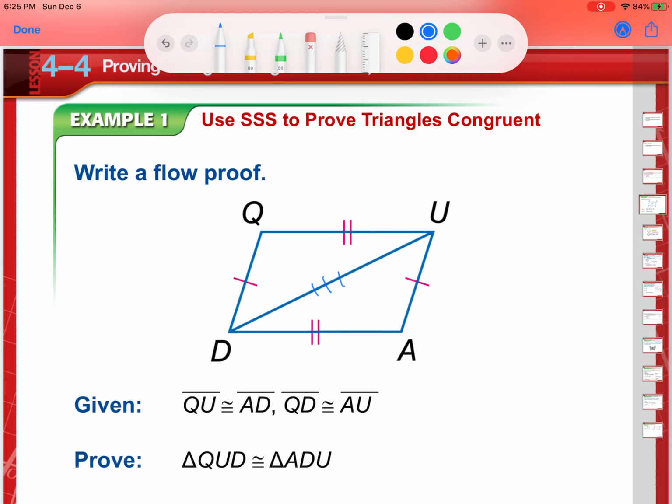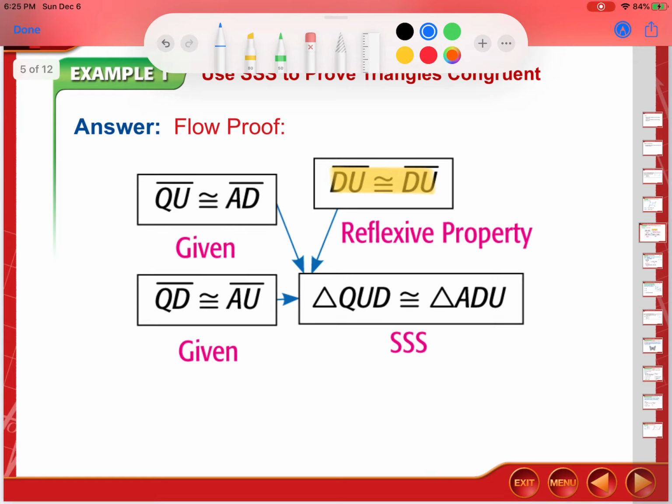So anytime we see something like this, it's always the reflexive property, because line DU is going to be congruent to line DU. They're the same thing. It's a wild concept, I know, that the exact same line would be congruent to itself. But that's essentially all we needed to do here, is to say DU is congruent to DU, and that's our reflexive property by definition.